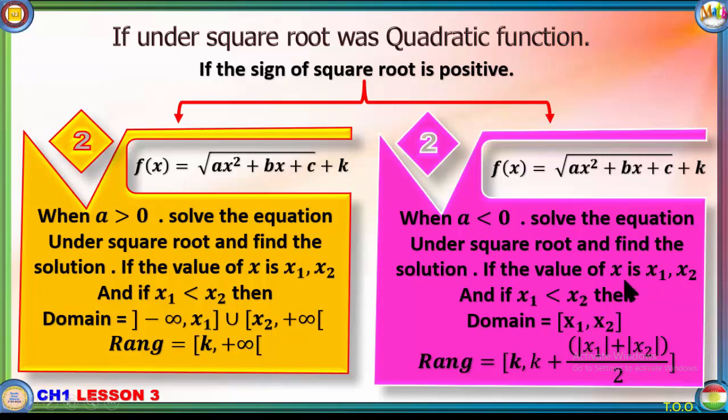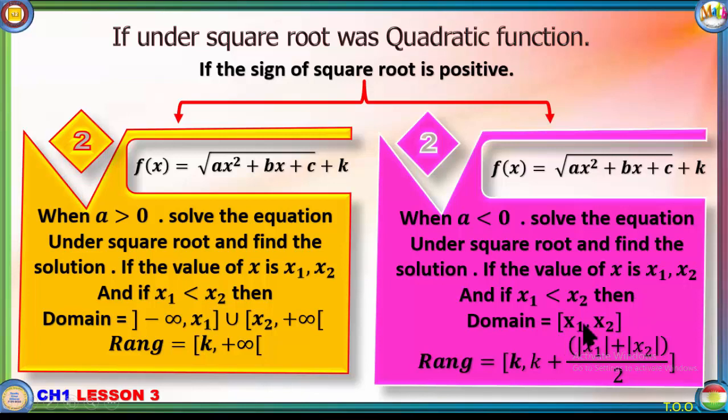Let the values of x be x1 and x2, and if x1 is less than x2, the domain is from x1 to x2, which means the closed interval from the smaller to the bigger number. But the range of this kind of function is from k to k plus the absolute value of x1 plus the absolute value of x2, over 2.